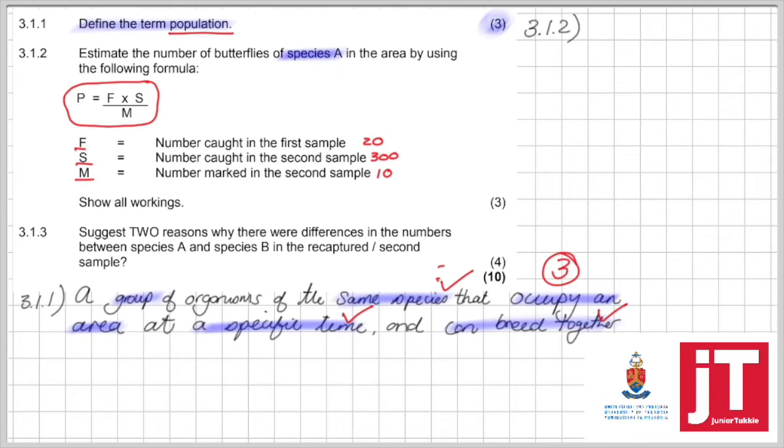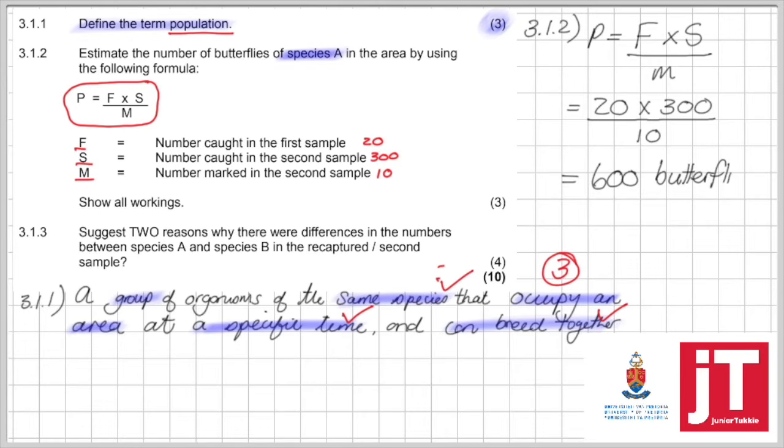The number caught in the first sample, S, is 20. The number caught in the second sample is 300. And then M, the number of marked in the second sample, is 10. Now we just use their formula and insert the variables from the table. So we've got the answer coming to 600 butterflies of species A. That's our estimated number of butterflies using the formula that they've given us.